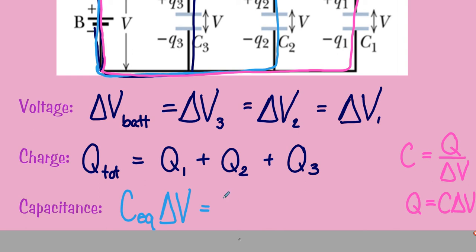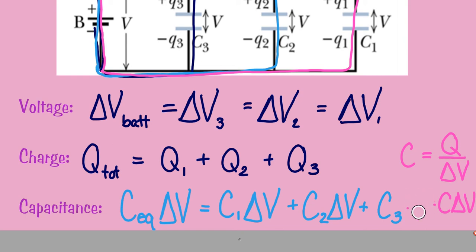And charge 1 would be the first capacitor's capacitance times its potential difference. And then we have C2 times its potential difference plus C3 times its potential difference.